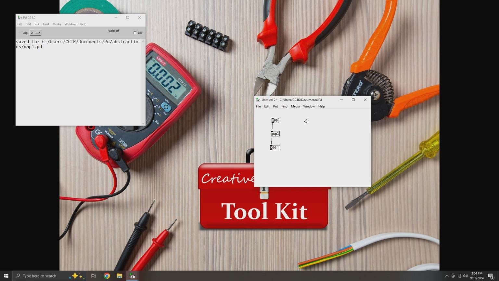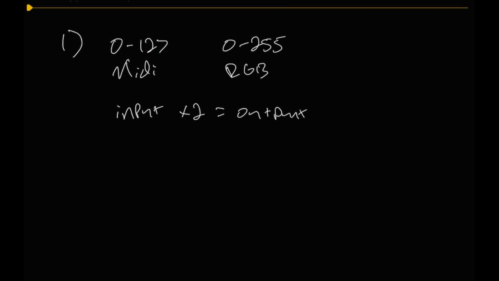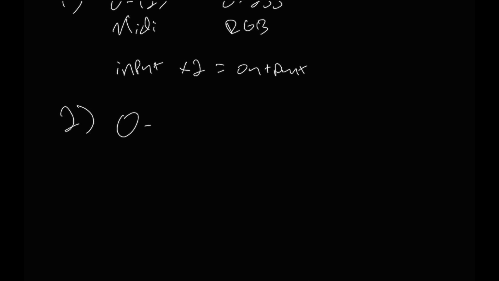Let's try building a more complicated map now. So difficulty level 2. Let's say we want to actually be able to account for other changes in values. Let's say that we want to have something range from 0 to 100 as our input.